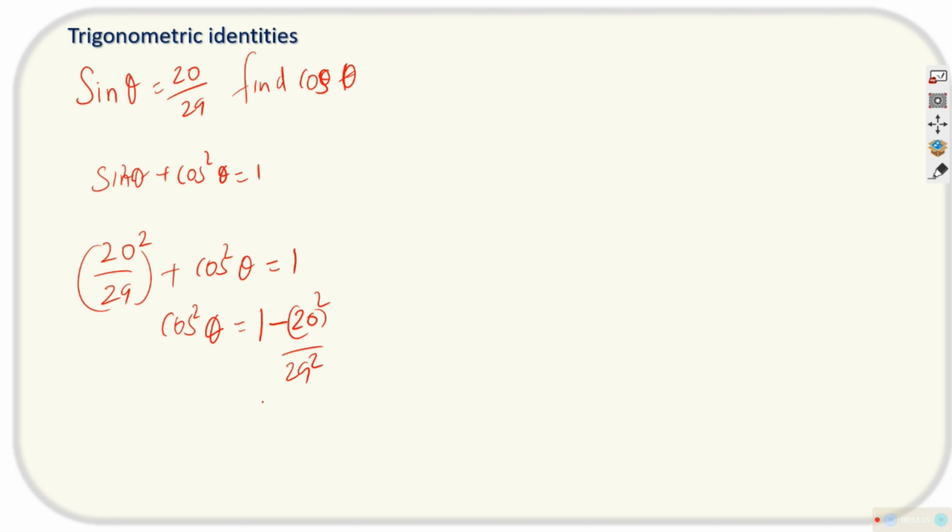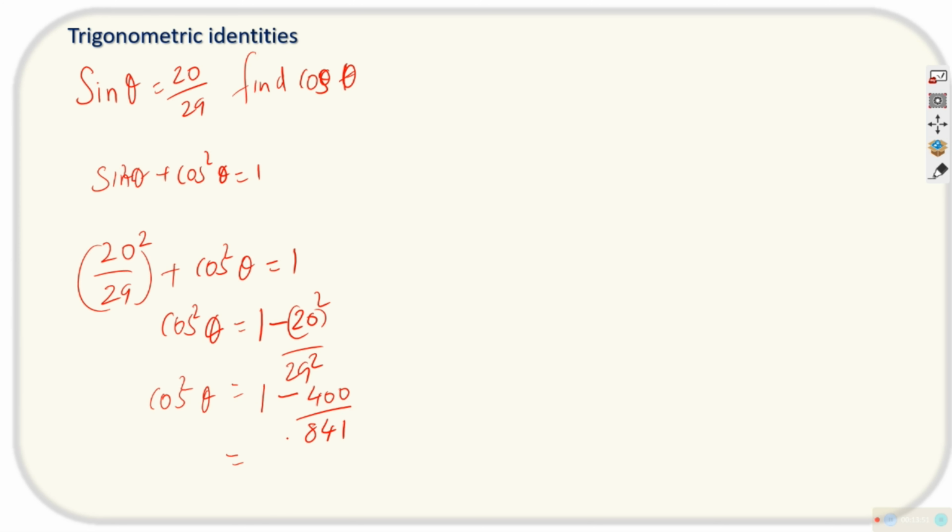This is the answer. When you do that, what you will get? 1 minus 400 upon 841, 29 square. This is what? Cos square theta. Understood? If you try to solve this, how will it happen?